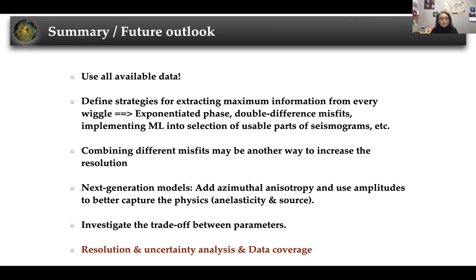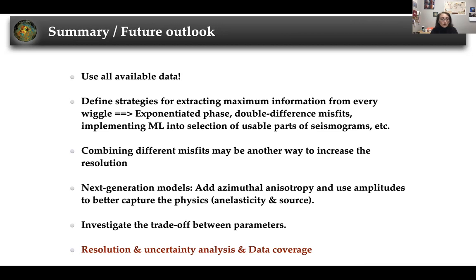We also need to take into account better physics in our inverse problems, like adding azimuthal anisotropy and attenuation. We are also trying to construct the inelastic structure of the Earth's mantle.